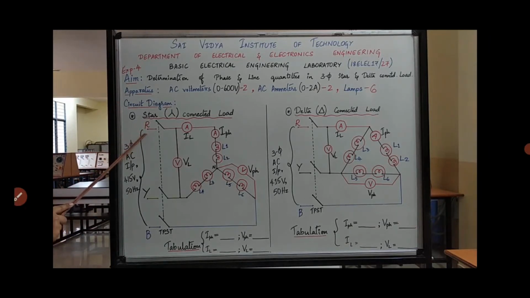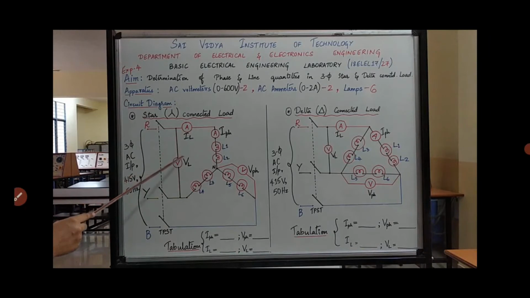Here three-phase AC input 415 volt 50 Hz supply is given. There are three phases R, Y and B. This whole is a star connection.